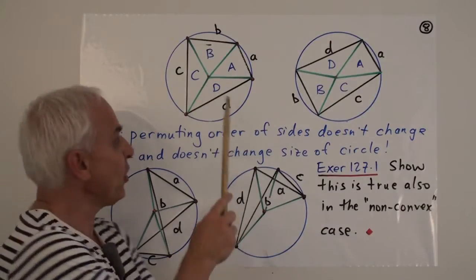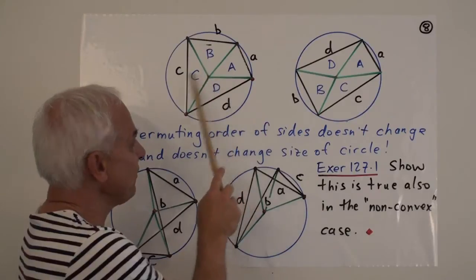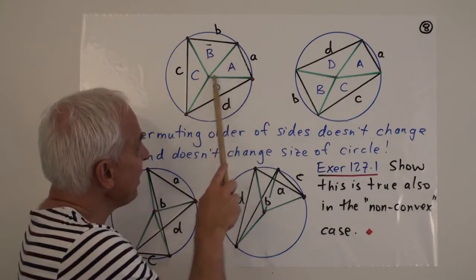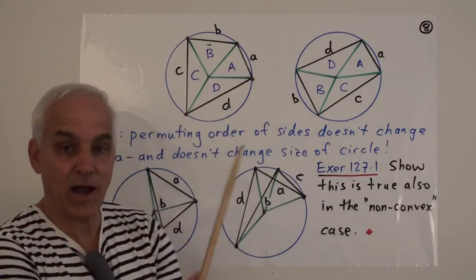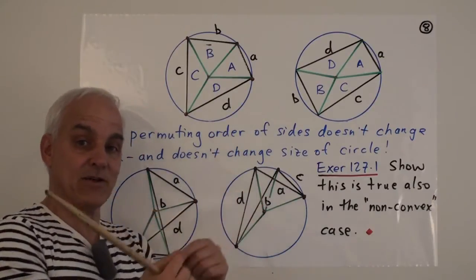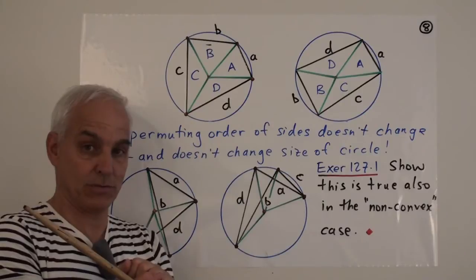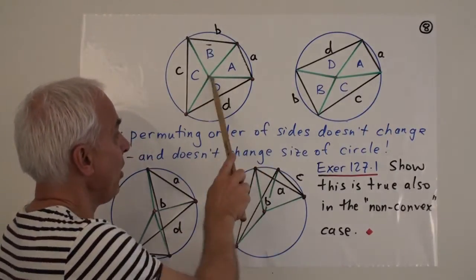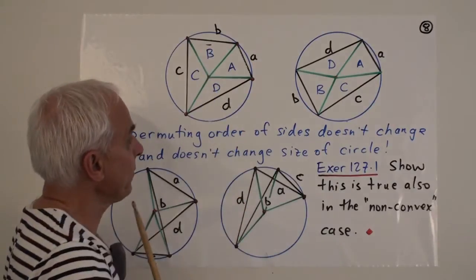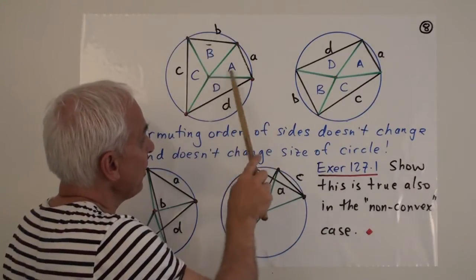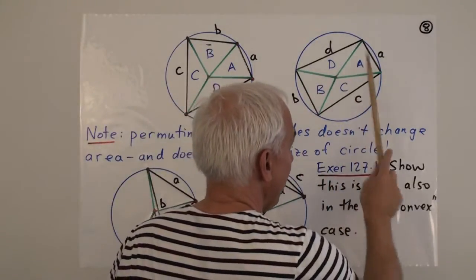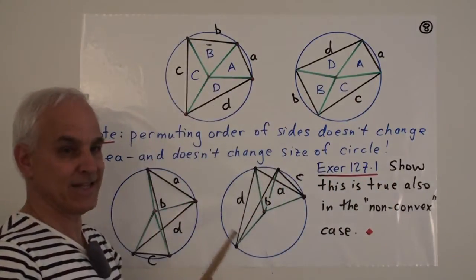The area of this quadrilateral is the union of these four areas. Here's the center of the circle. Each of these is an isosceles triangle because two of the sides are radii of the circle. Okay? So this quadrance and this quadrance are equal. All these four quadrances are equal. And that means that this triangle here, which we've denoted a, and this triangle over here, denoted a, are actually the same triangles.